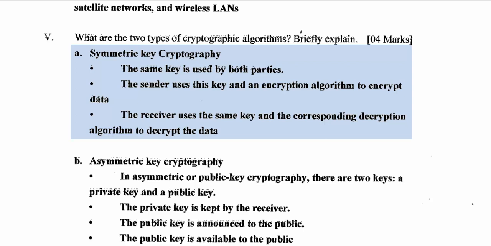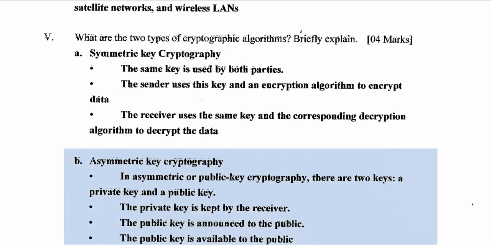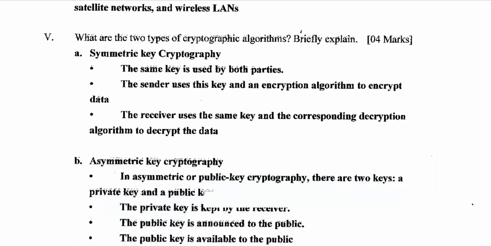The sender encrypts the message using a key, and the same key is used to decrypt the message at the receiver's end. But in asymmetric key cryptography, there are 2 keys, private key and public key. When the sender encrypts the message, the sender keeps the private key with him, and then a public key is published, which is to be used at the receiver's end.